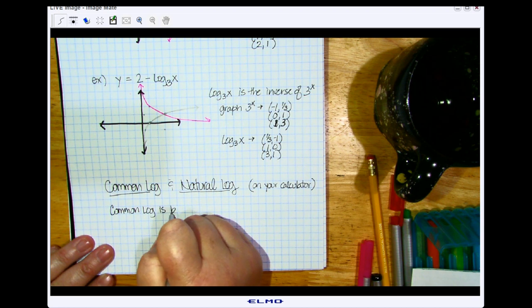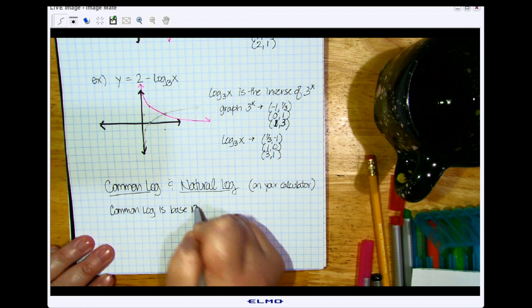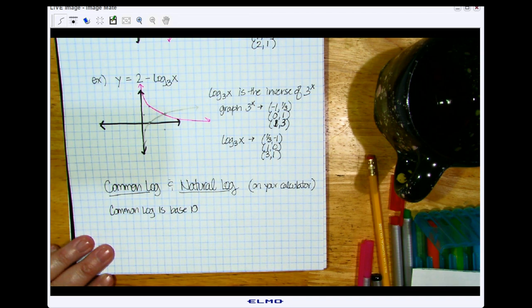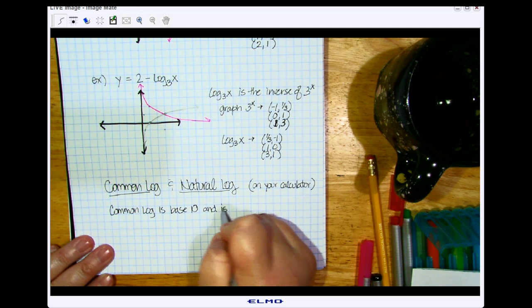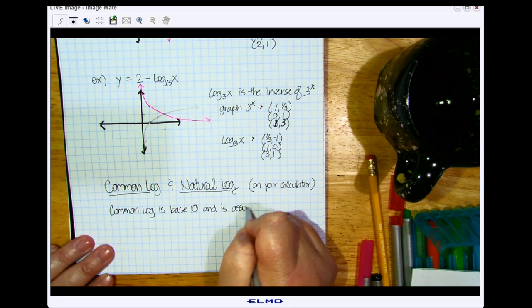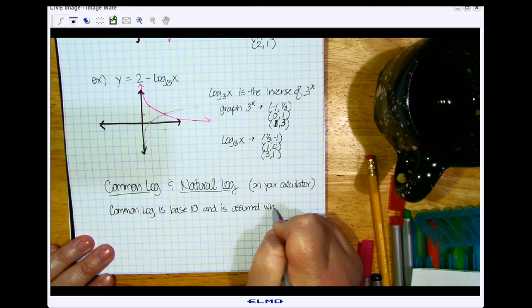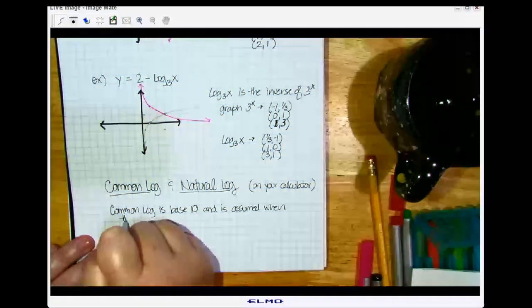The common log is base 10, and is assumed when the base is missing.